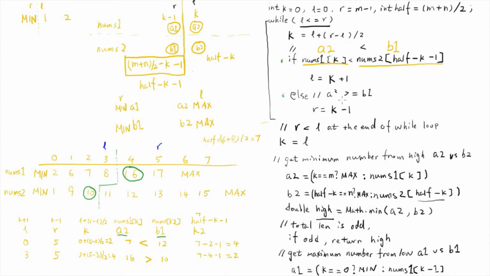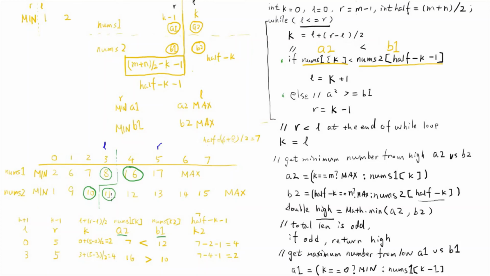Here, if A2 is greater than or equal to B1, then we move the right boundary to the position k minus 1.